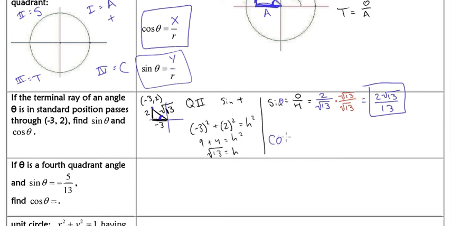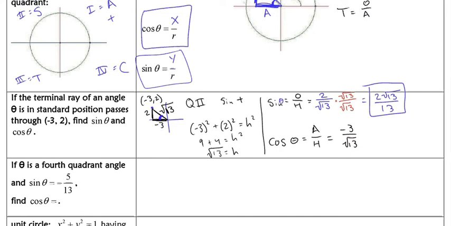Here's cosine. So cosine of theta. Cosine, remember, that's adjacent over hypotenuse. And so we have -3 over the square root of 13.